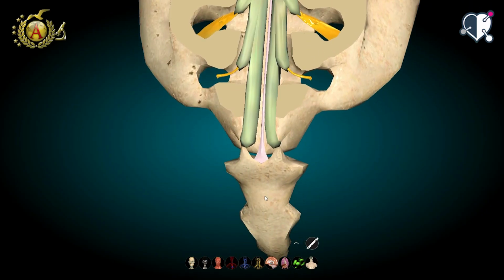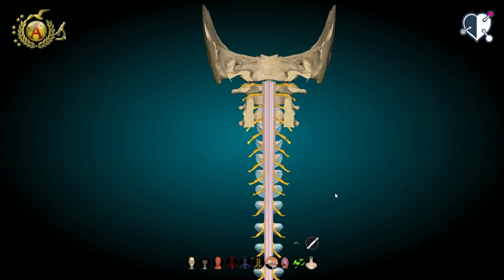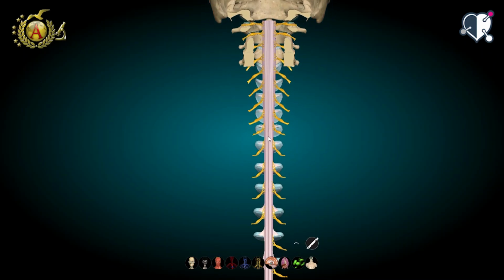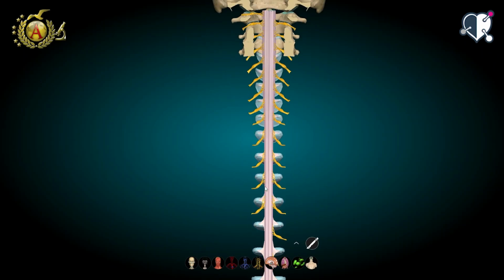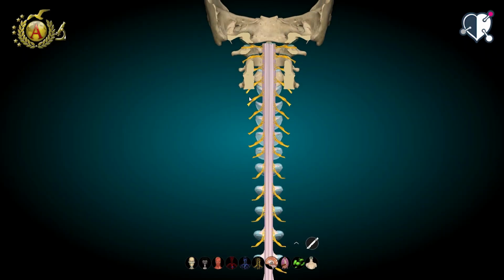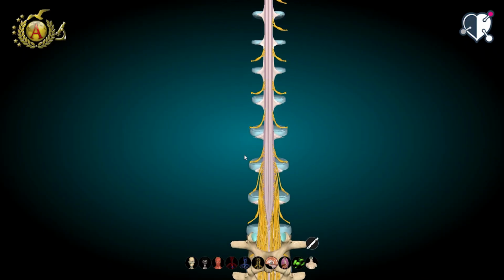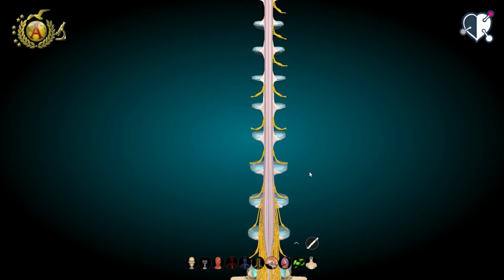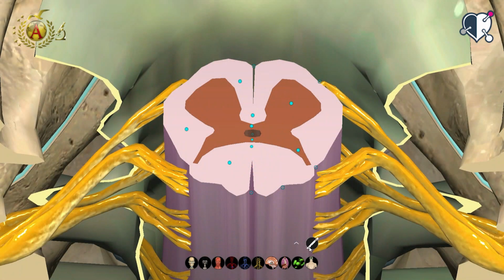First, there are 2 fusiform enlargements, one in the cervical region and the other in the lumbar region, from which neurons responsible for limb innervation branch off. Additionally, the outer surface of the cord is rich in anatomical details, including fissures and grooves.